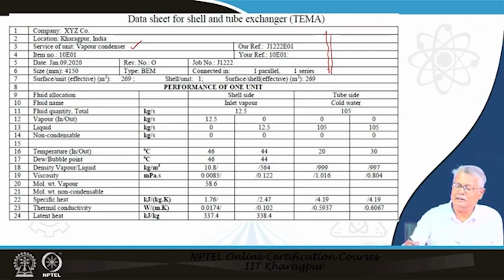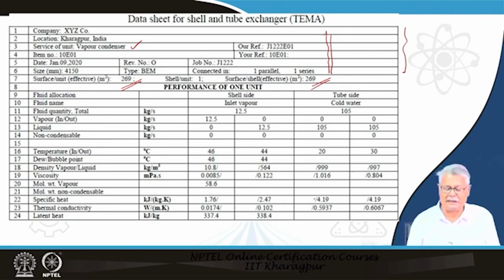So these are the data pertaining to that information. You have a gross surface area of the exchanger. You have the surface of the shell, which is also the same. Basically it could be slightly different because you may have some special type of units.